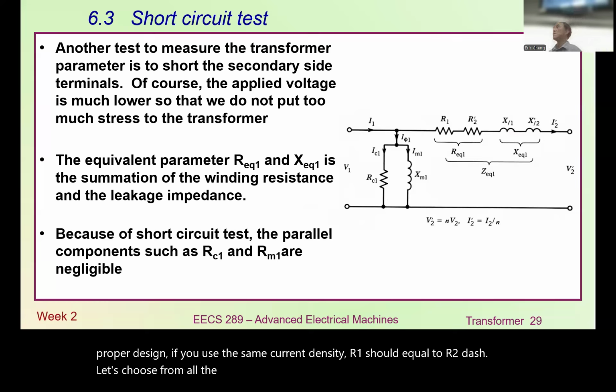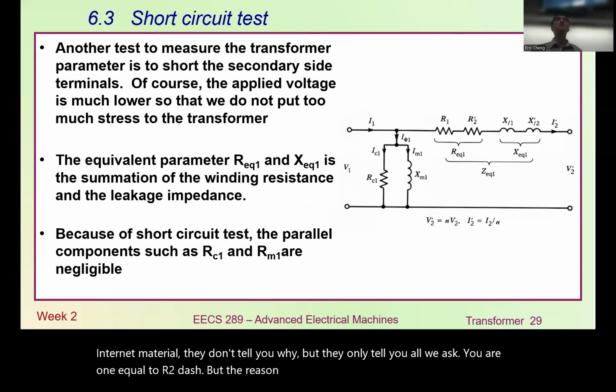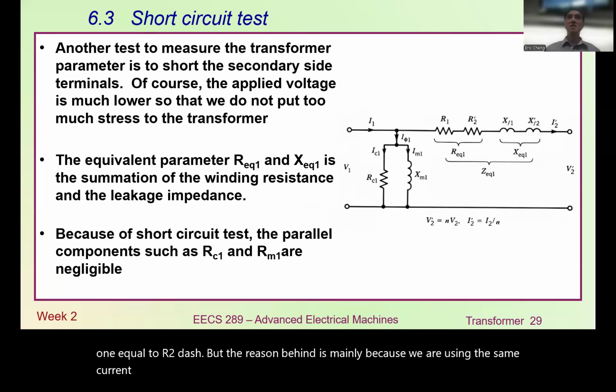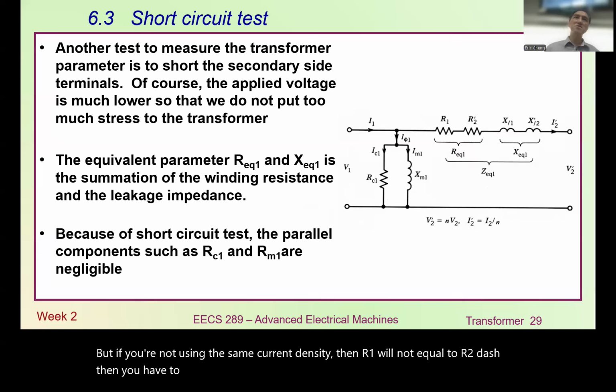Of course, many textbooks or internet materials don't tell you why; they only tell you, oh, we assume R1 equals R2 dash. But the reason behind it is mainly that we are using the same current density anyway. If you're not using the same current density, then R1 will not equal R2 dash, and you have to use some kind of ratio to recalculate.